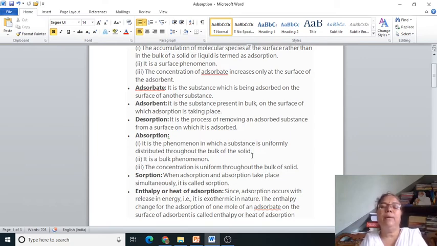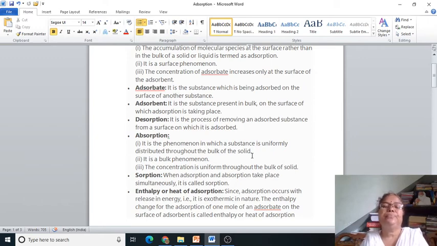In another example, suppose we have a sponge and we pour two spoons of water. Then what happens? The water will get penetrated in the bulk of the sponge.